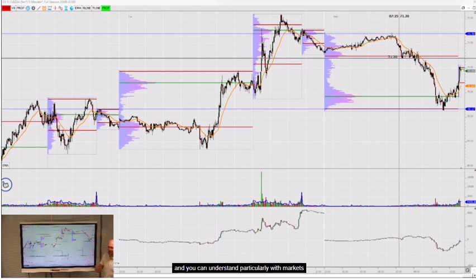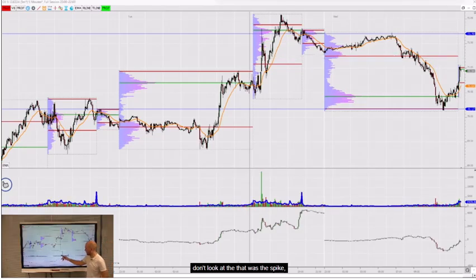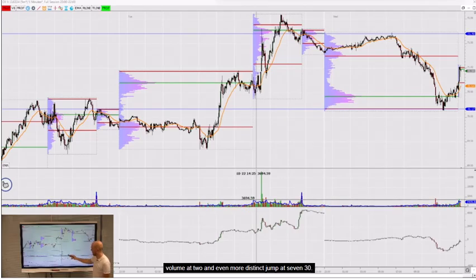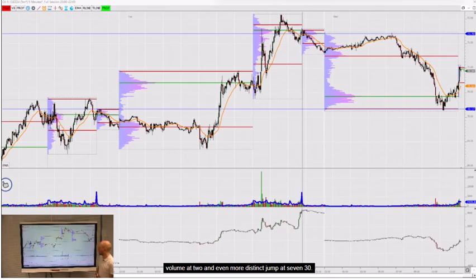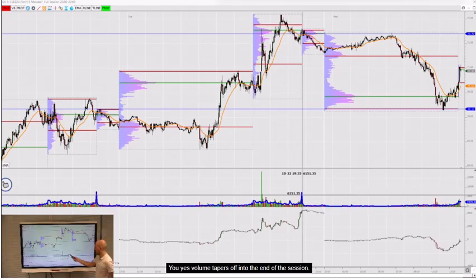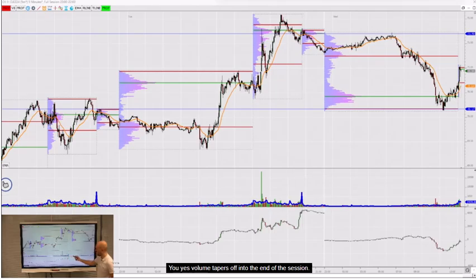and you can understand, particularly with markets that have a very distinct cash session. If you look at, say, oil, it is very, very obvious. If you look at the average volume, don't look at that spike, that was the breakout yesterday. Take that away, you get a very distinct jump in average volume at 2 and an even more distinct jump at 7:30. That marks the beginning and the end of the cash session. Yes, volume tapers off into the end of the session.